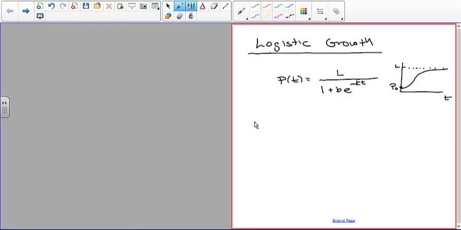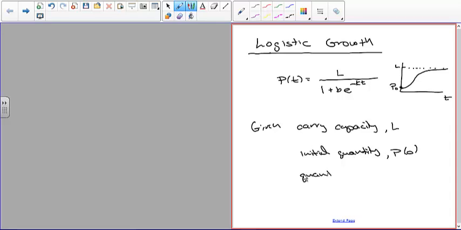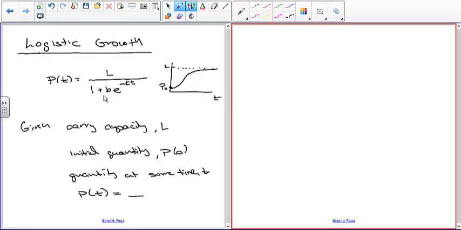The things that you're usually given are the carrying capacity, which is L. You're also given the initial quantity, so that's P of 0, and you're also given the quantity at some time t, so P of t equals something. And from those three things you can calculate each one of these constants.